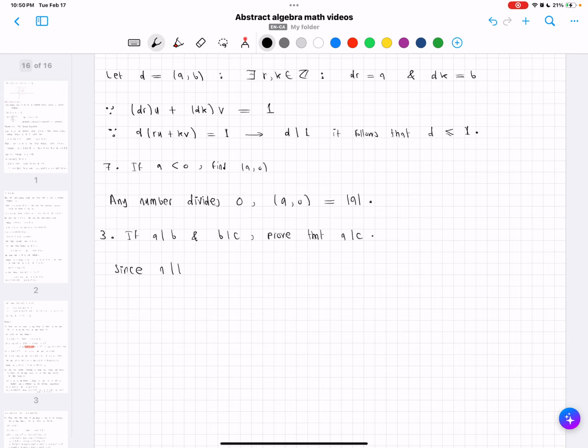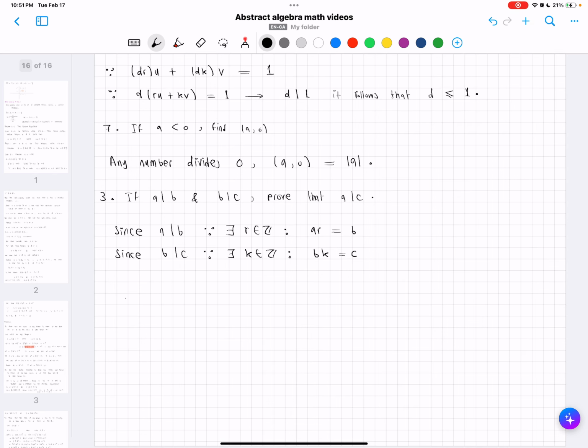Since a divides b, therefore there exists an r belonging to Z such that a times r is equal to b, and since b divides c, therefore there exists a k inside of Z such that b times k is equal to c.